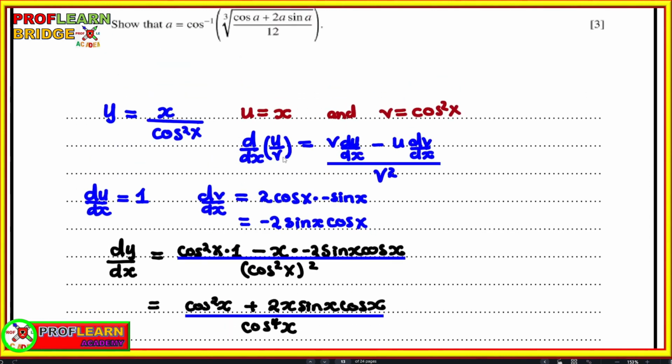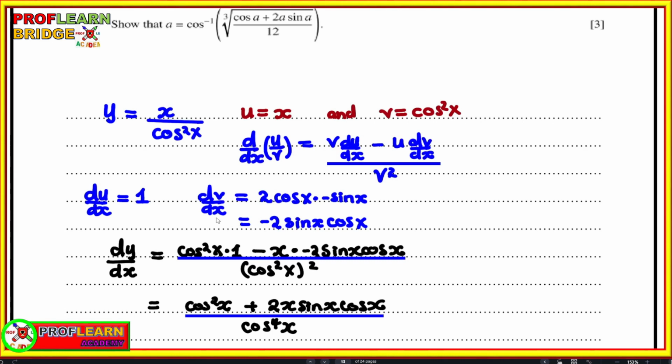First we need to find du/dx and dv/dx. Remember, u is x, so du/dx is 1. Our v is cos squared x.